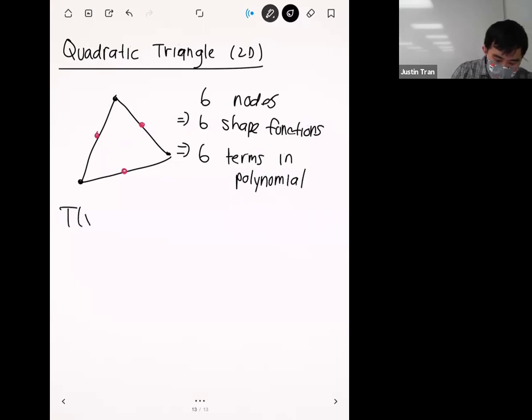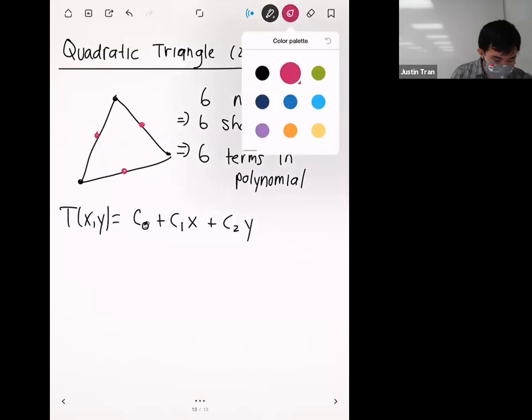Let's go ahead and write out what that polynomial is. We have T of xy equal to c0 plus c1x plus c2y, and those are all our linear terms.